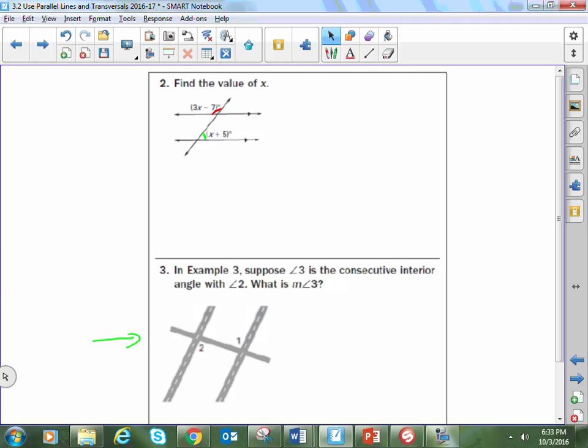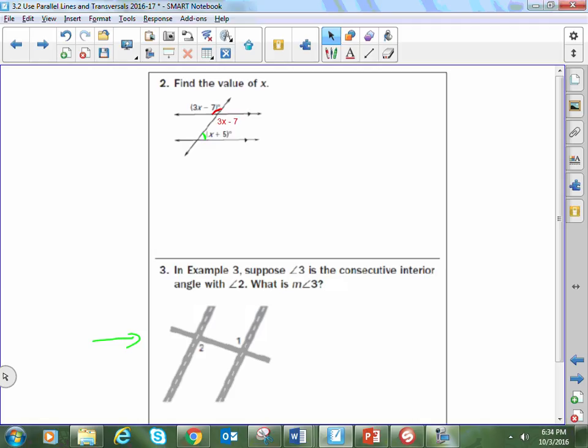But what I see a lot of times in class is students don't make that connection, and they just think it looks like some kind of alternate angle pair, alternate interior, alternate exterior. And so they say, well, it has to be one of those, and both of those are congruent to each other. And they set up the equation wrong based on not identifying the angle pairs correctly. They don't form a special angle pair.